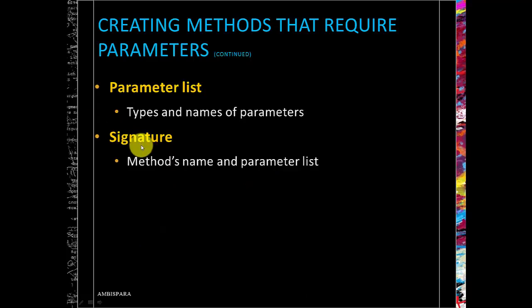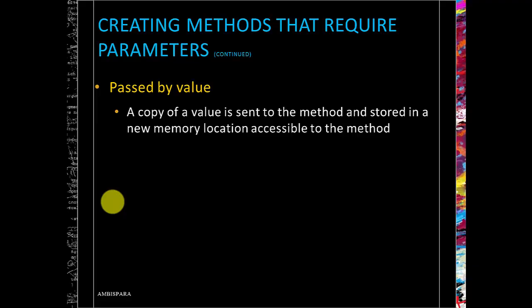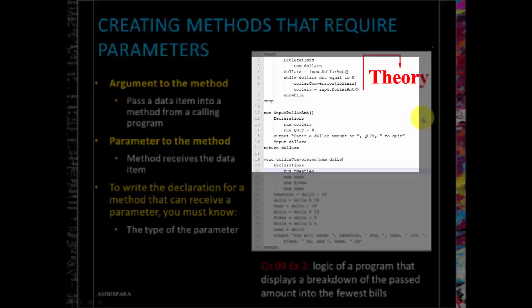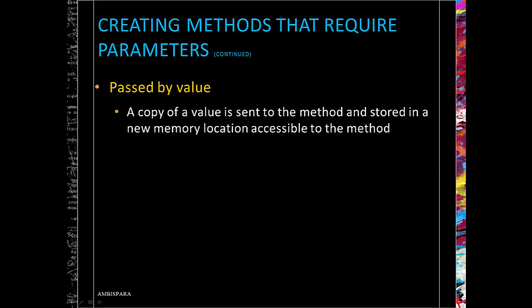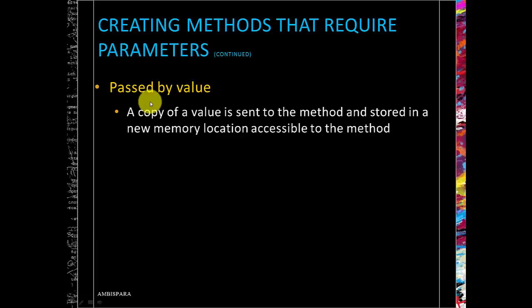What do I mean by when I pass by value? Passed by value means that a copy of a value is sent to the method. So dollar is sent to the method and stored in a new memory location accessible to the method only. Here is my new memory location, and that new memory location is accessible to the method only.